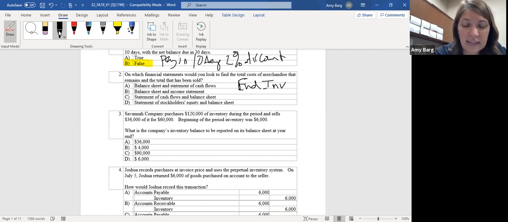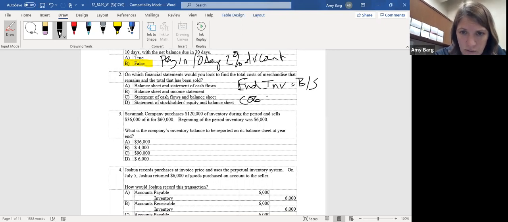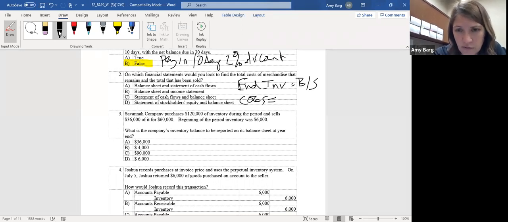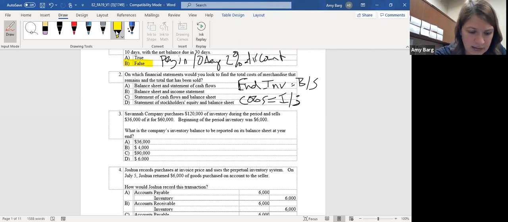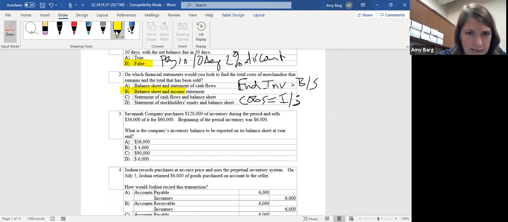You would find ending inventory on a balance sheet. And the total cost of the merchandise sold is the cost of goods sold, which is an expense that you find on the income statement. So what we're looking for here is the balance sheet and the income statement. The answer is B.